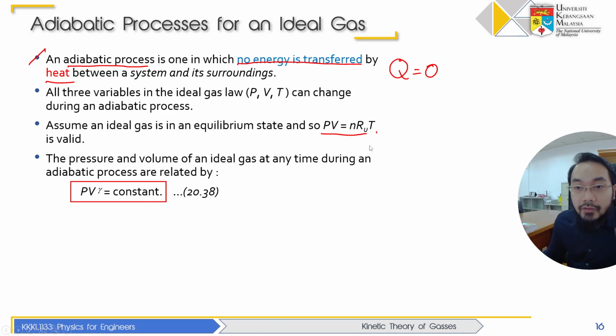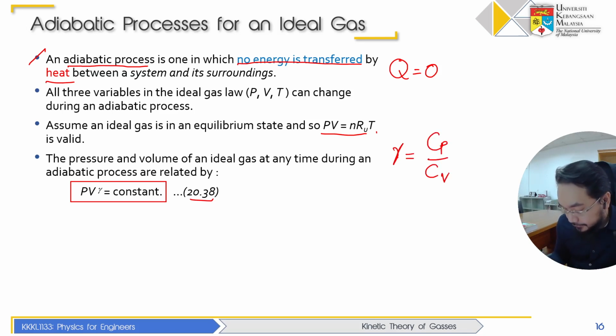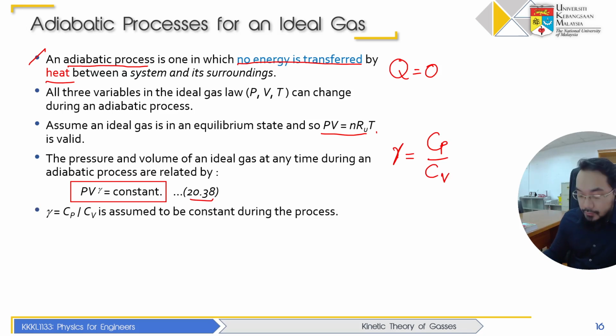The pressure and volume of an ideal gas at any time during an adiabatic process are related by this equation: PV to the power of gamma, and it must always be constant. What is gamma? Gamma is simply what we have seen just now: gamma is Cp over Cv, and it is assumed to be constant during the process.